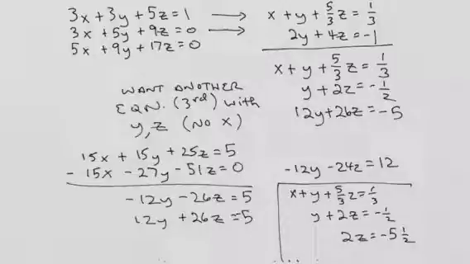No, wait. I'm taking negative 12 times this, and that's giving me 6 minus 5 is 1.